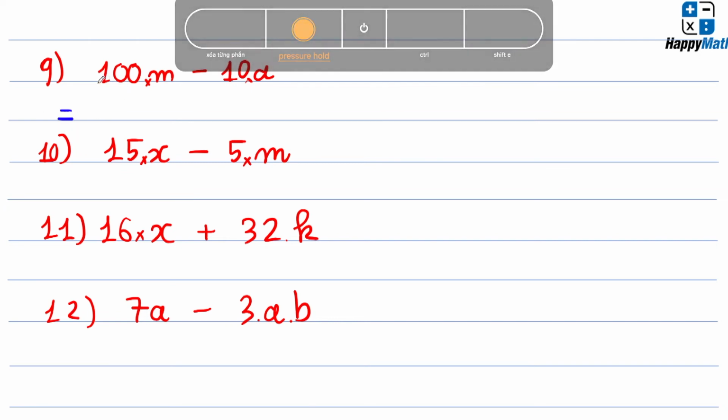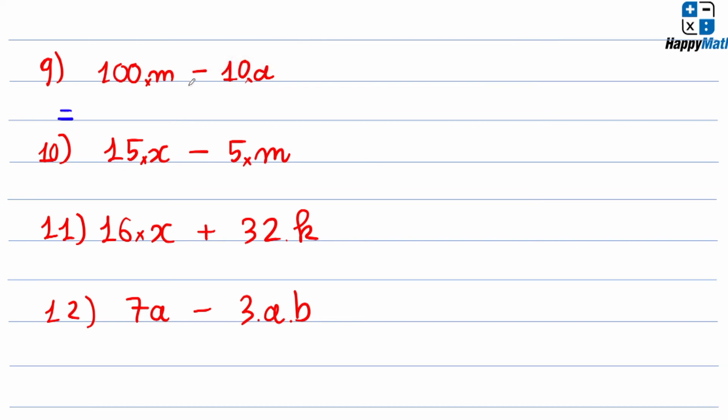Okay, so 100m minus 10a. So 100 and m, I can rewrite this one as 10 multiply n and multiply m. The next term you've got here. So the common factor is 10, but only one time. The first term has two 10s, but the second term has only one 10.